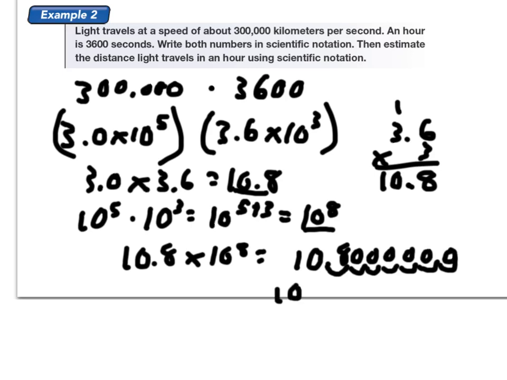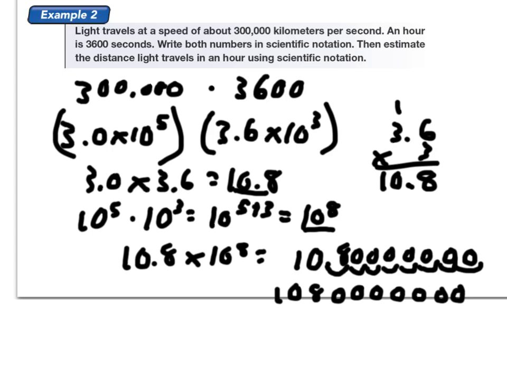And actually, sorry, I should have one more 0 there, because again, we have to go 1, 2, 3, 4, 5, 6, 7, 8, not 7 places. So here's my number in standard form.